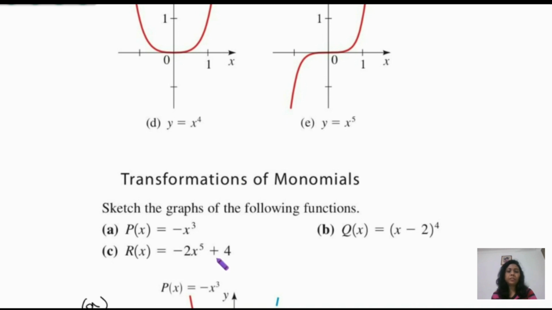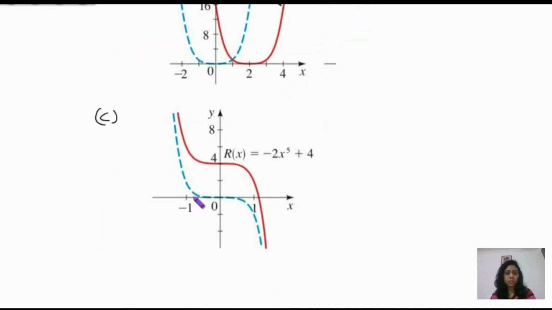And plus 4 means the graph shifts 4 units up. So this is the graph of minus x^5, and this one is minus 2x^5 plus 4, shifted 4 units up.